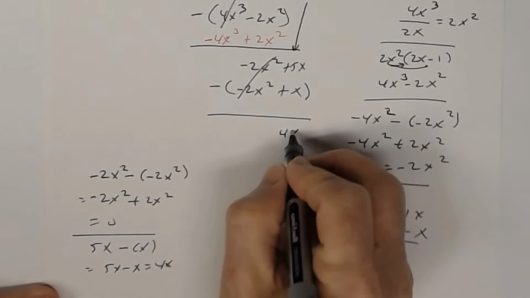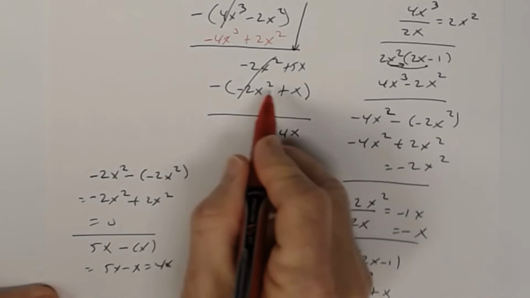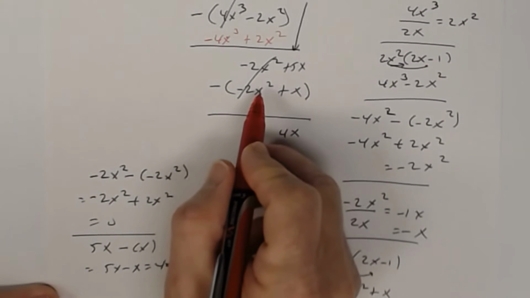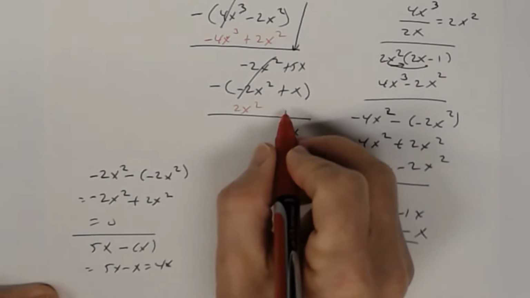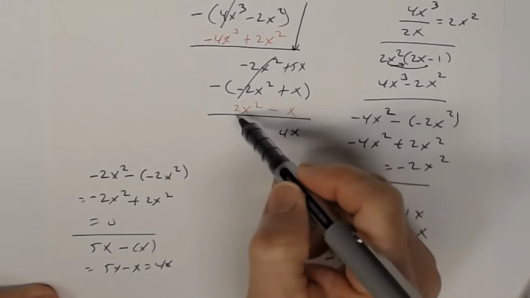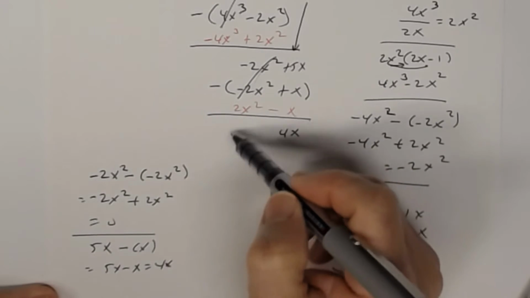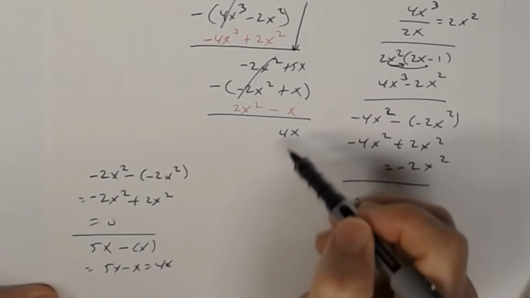If you need to, write it out in red what this is equivalent to. The opposite of negative 2x squared is a positive 2x squared. The opposite of a positive x is a negative x. And now notice, negative 2x squared plus 2x squared is 0. Remember that you're supposed to get a 0 here. 5x and a negative x is 4x.